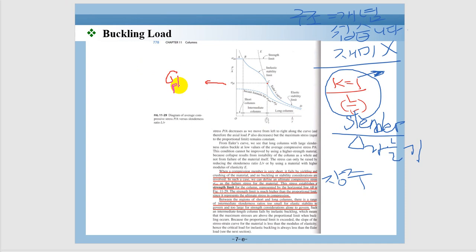PL은 플라스틱 리밋을 얘기합니다. 그래서 플라스틱 리밋이라는 얘기는 이제 재료가 30메가파스칼에 도달했다는 얘기죠. 30메가파스칼에 도달을 한 경우에는 이렇게 안 가고 이렇게 안으로 들어와서 완전히 파괴될 준비를 하는 거죠.